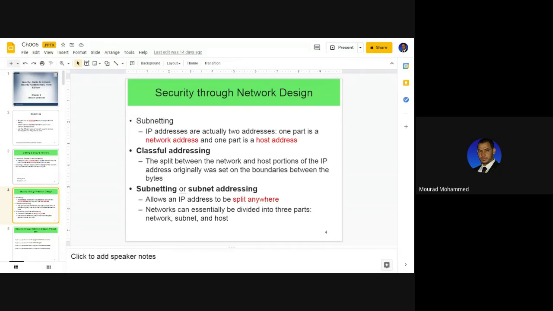Subnet means you are going to have a smaller network within a big network. Classful addressing is the context of just segregating the addresses inside to generate groups logically. Classful addressing, via which you create subnets, but logically.